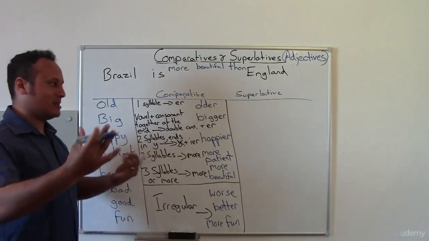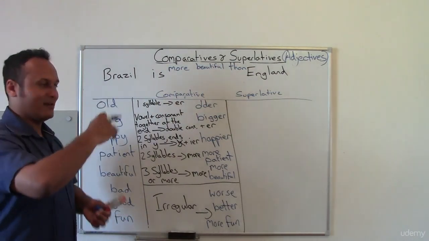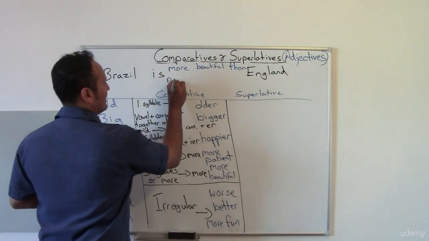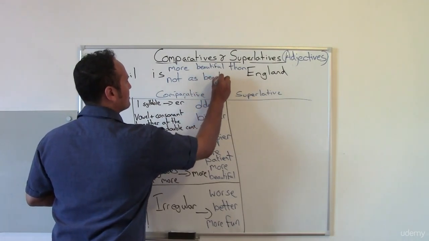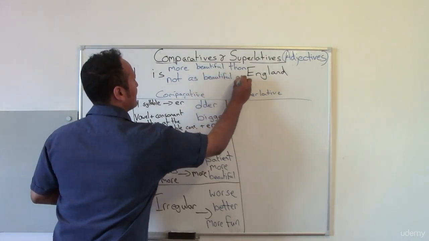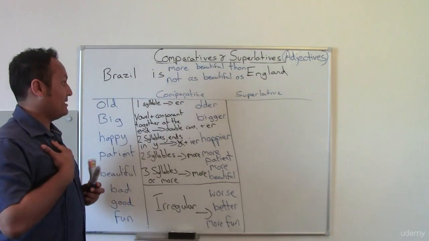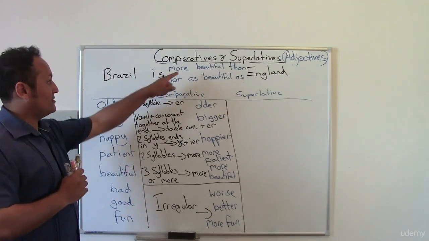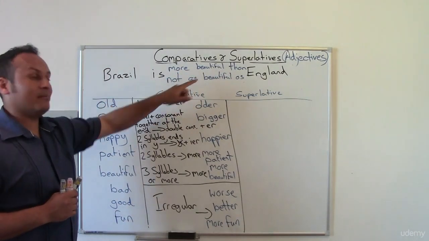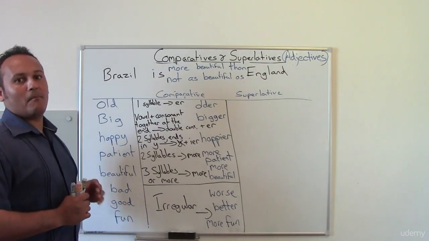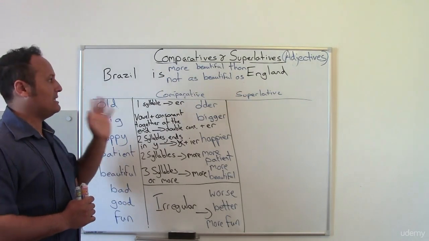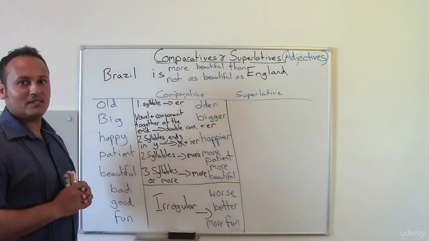But because I am English and I love England, I will use it the other way. I will say Brazil is not as beautiful as England. That is my opinion. What's your opinion? Is your opinion the top one, or is your opinion the bottom one? This is how we use the comparatives in this way.